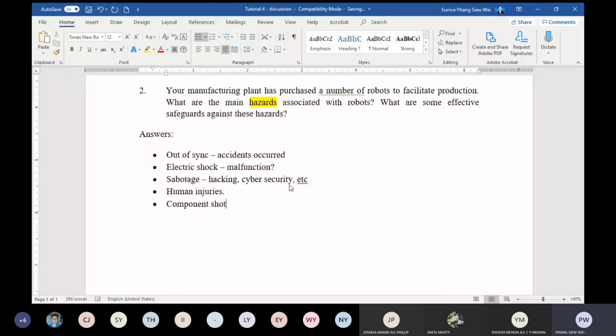So it's like high maintenance cost. Okay, what else? Hazards.